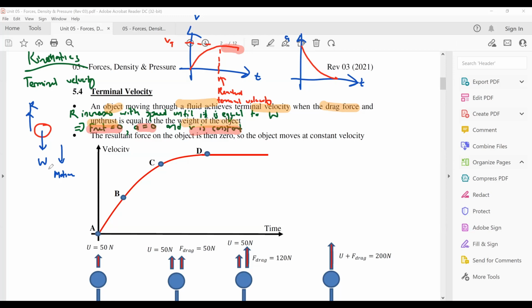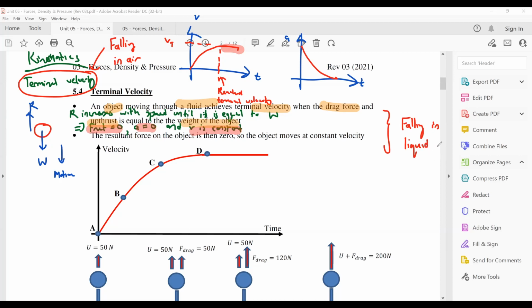In kinematics, when we were talking about terminal velocity, that was the case where the object was falling in air. Now in this chapter, we also talk about terminal velocity, but this time you have an object that is falling in liquid, or fluid.